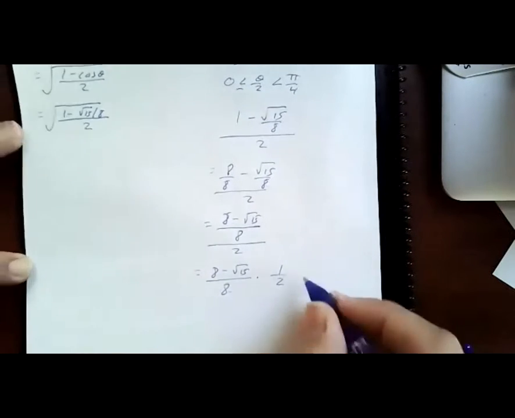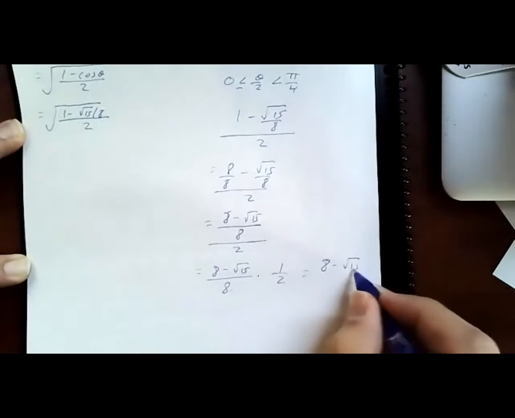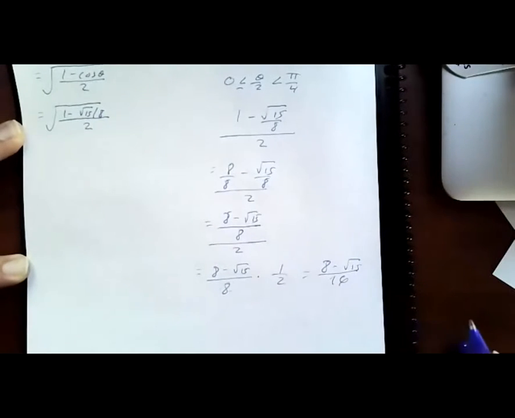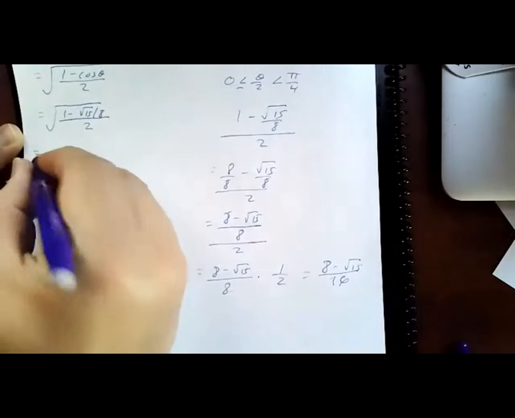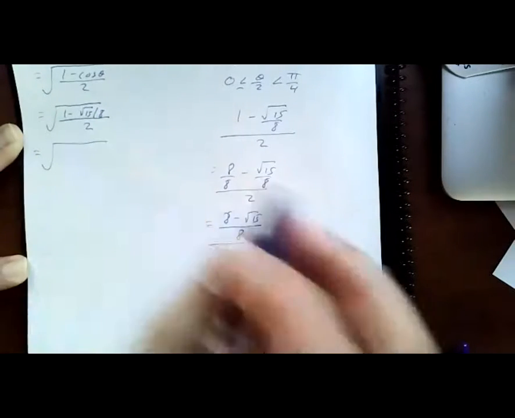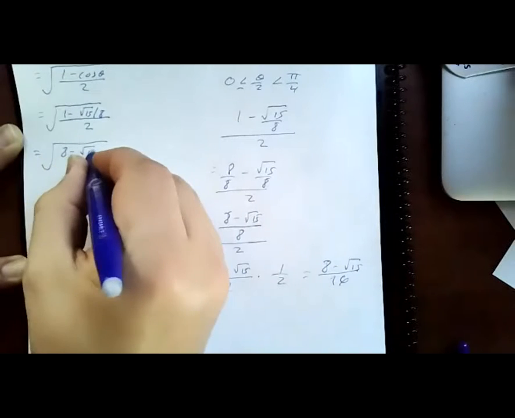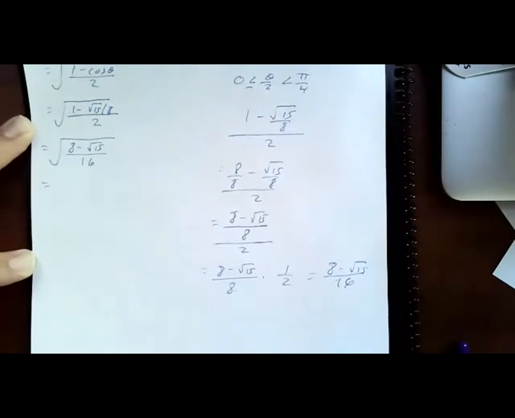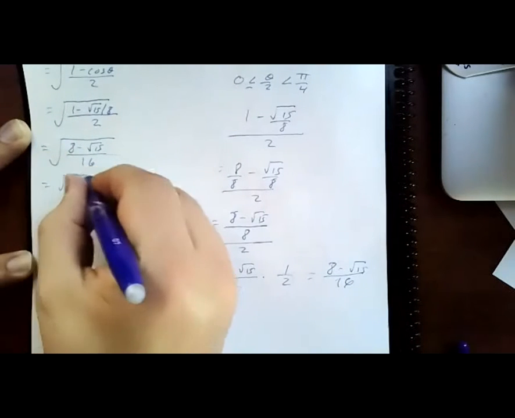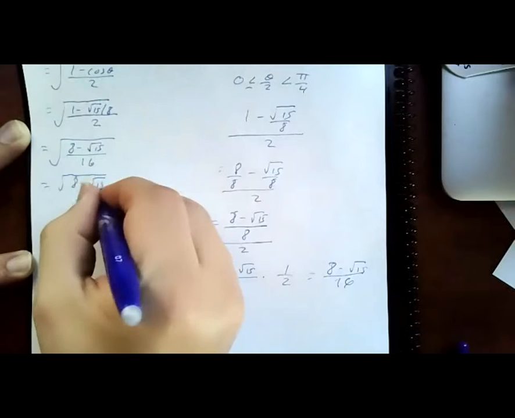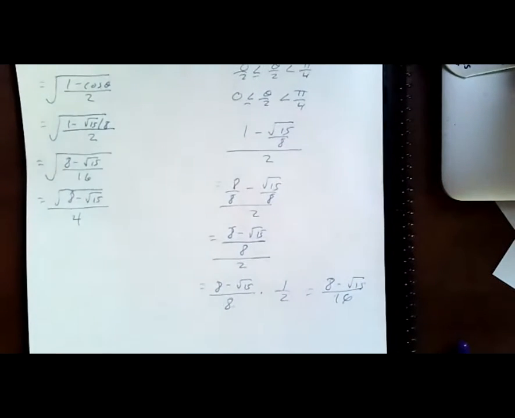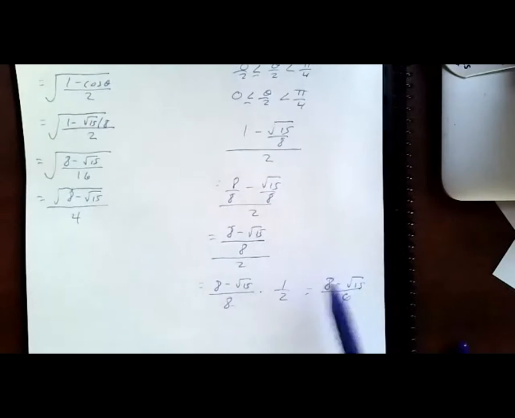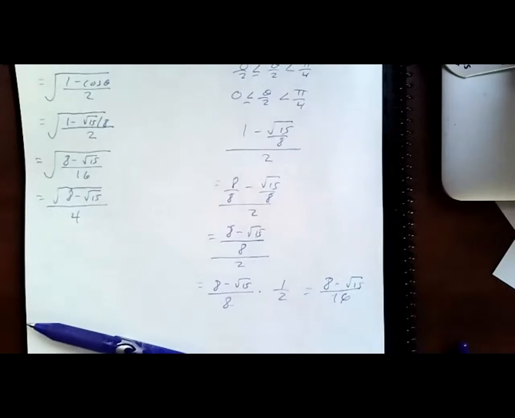So you get 8 minus root 15 over 16, and you'd square root the bottom, which gives you the square root of 8 minus square root 15 over 4 outside the root. This would have to be done inside, but I think it looks better separate, just so you can see what's happening.